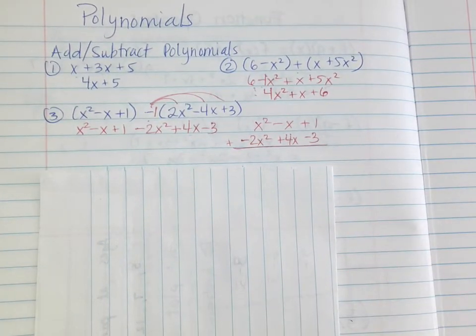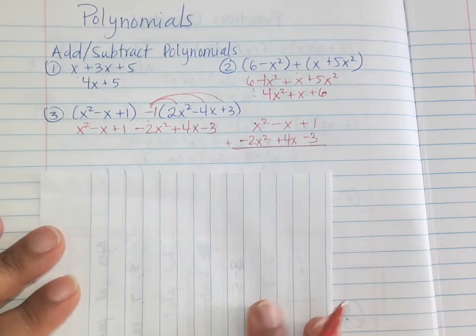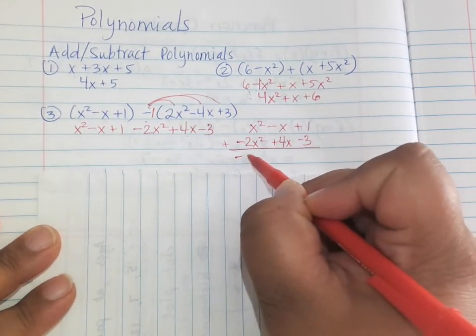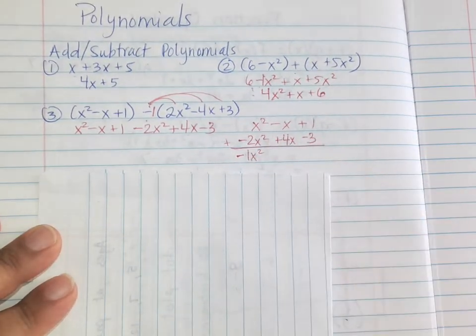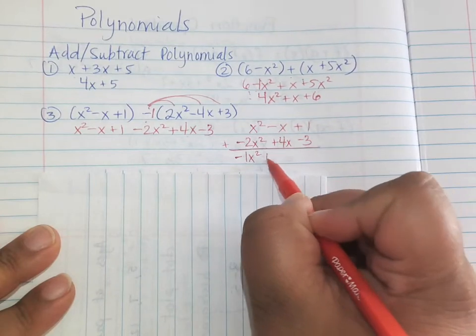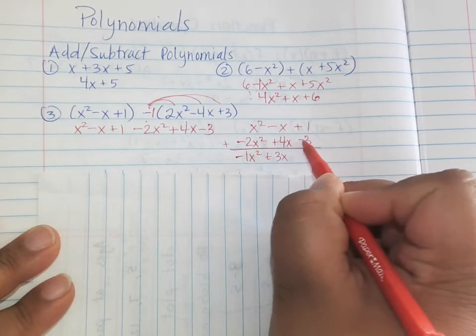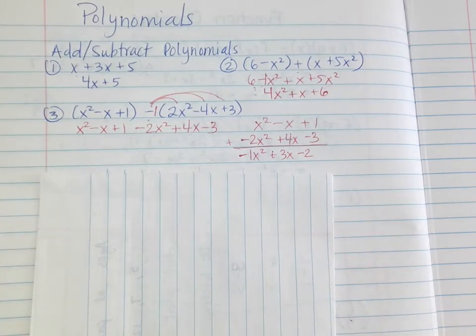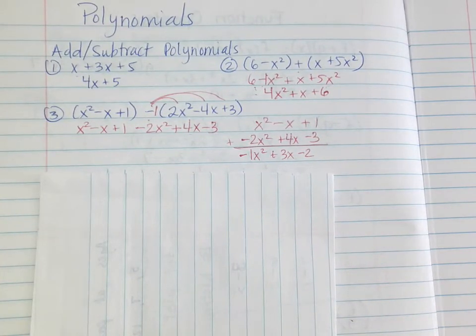Sometimes they're all over the place, just depends. So x squared minus 2x squared is actually a negative 1x squared, or you could just write negative x squared. Negative x plus 4x is 3x. 1 minus 3 is negative 2. So that's our solution there.